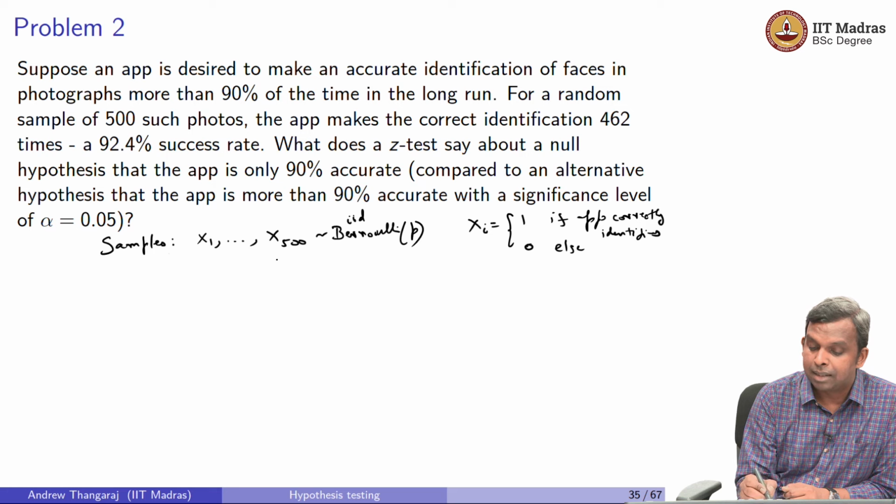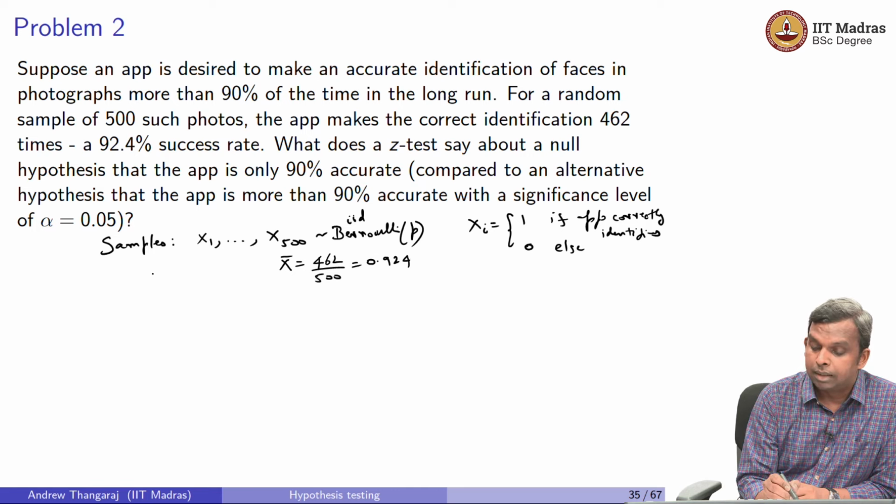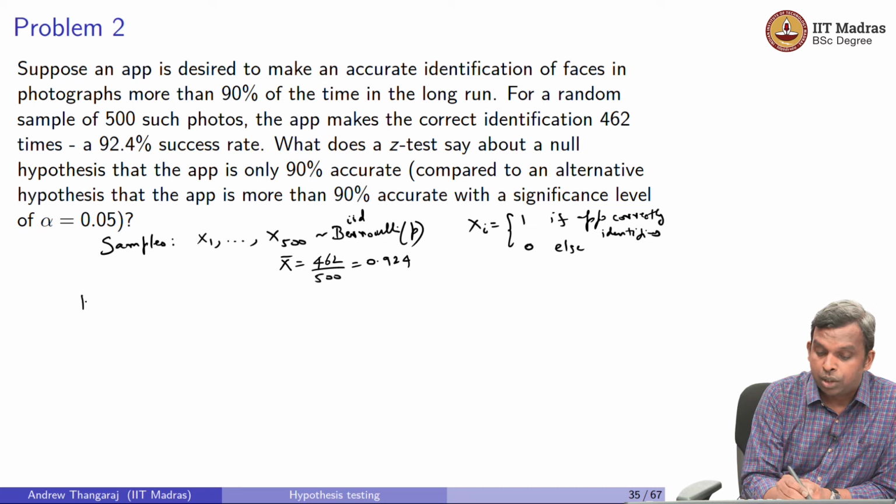Okay, so this is what's given to you. These are the samples, and the sample mean in this instance ended up being 462 by 500, which is 0.924 as written down here. So that's what the sample mean ended up being. And what is your null hypothesis?